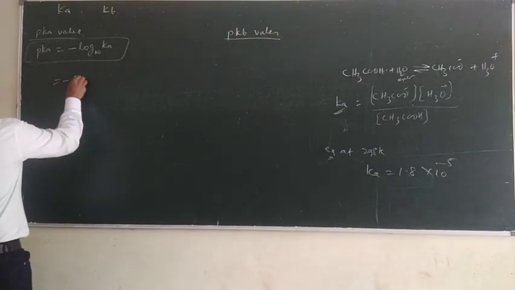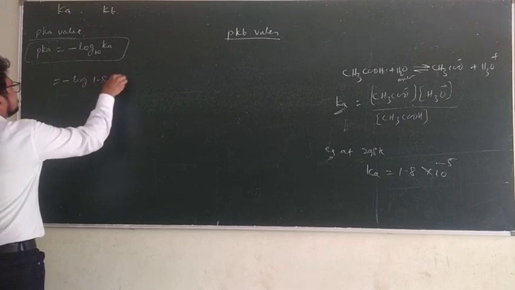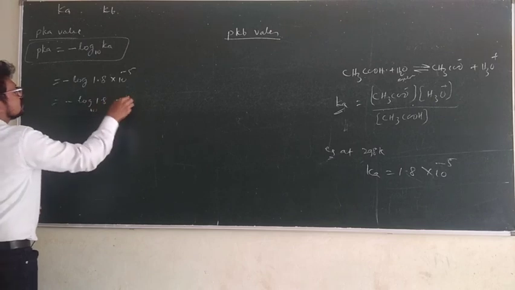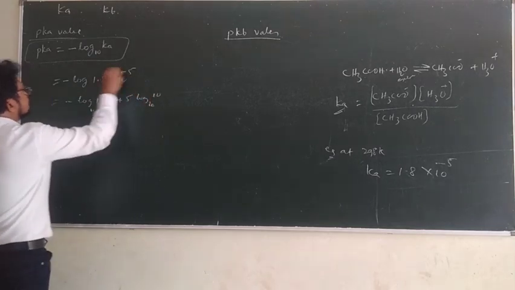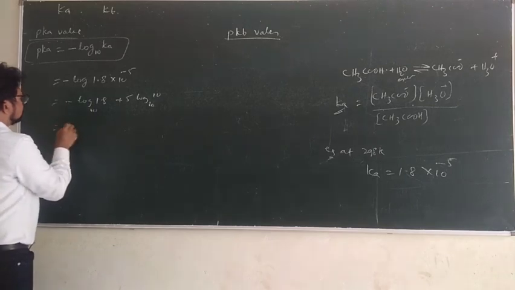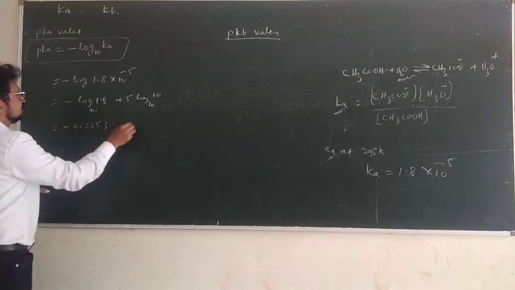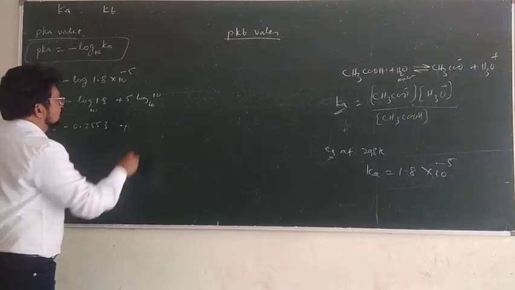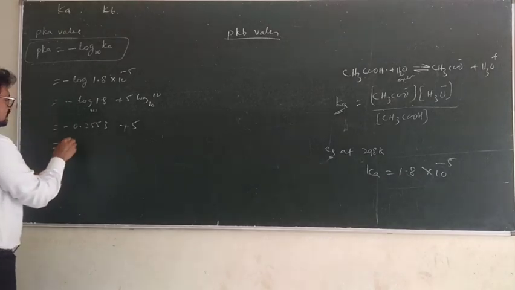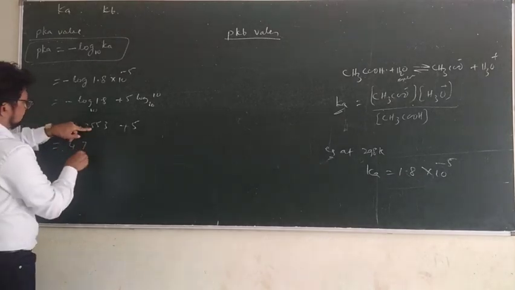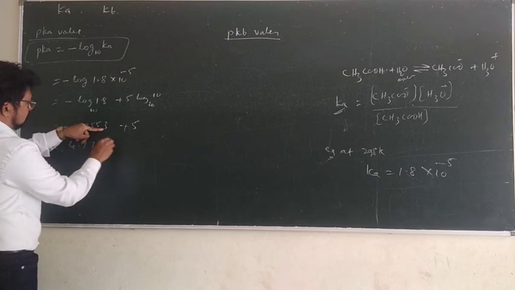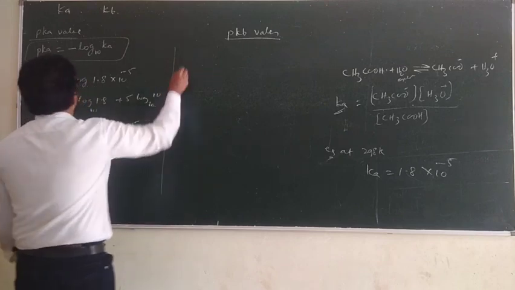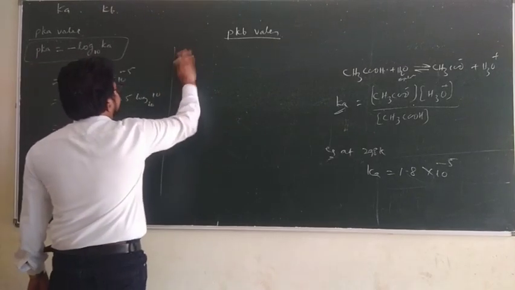So negative logarithm of 1.8 into 10 raised to minus 5 is minus log 1.8 to the base 10 plus 5 log 10. You understood? It is not minus or minus. So this becomes minus 0.2553 for the 1.8 value, plus 5. This is 4.7747. This is pKa.